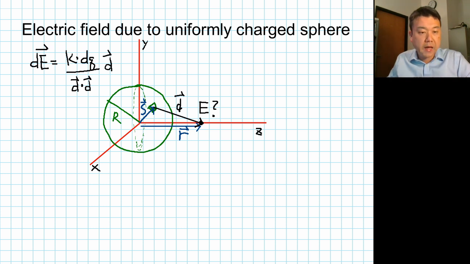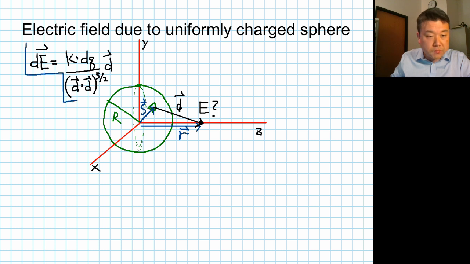I'm going to need the square root of this and then 3 of those factors: 2 of them for Coulomb's law and 1 of them to cancel out the length of the d vector, giving me effectively the unit vector. So this is going to be raised to the power of 3/2. All right, so this is the form of Coulomb's law that I'm going to use for this problem.